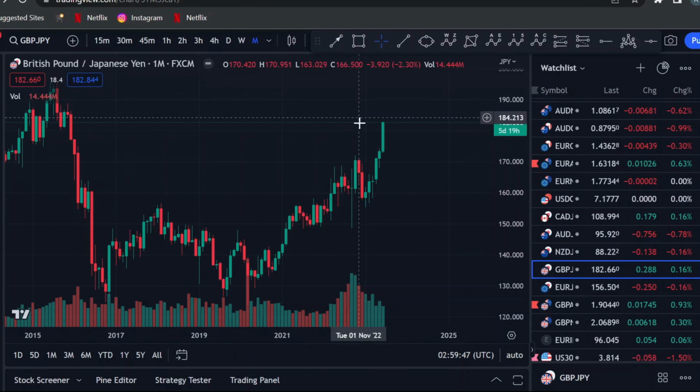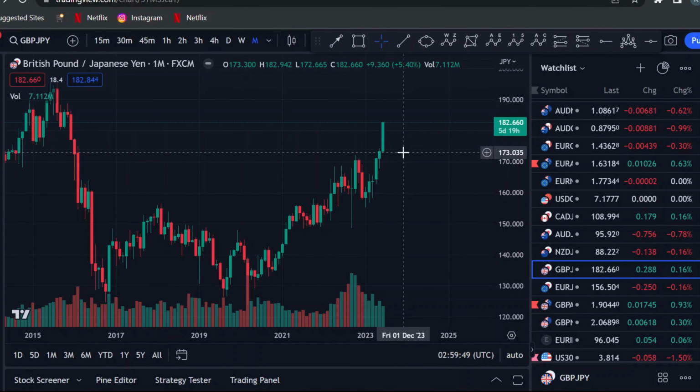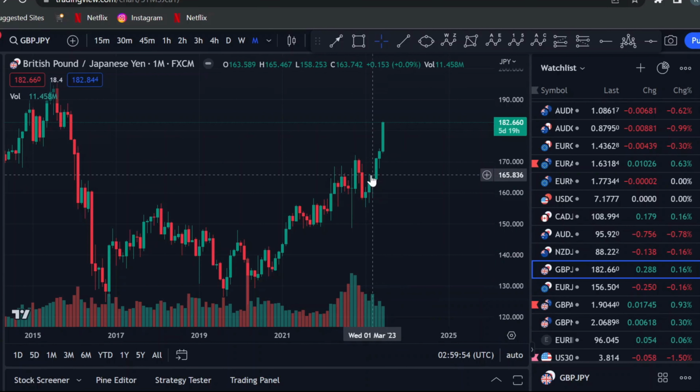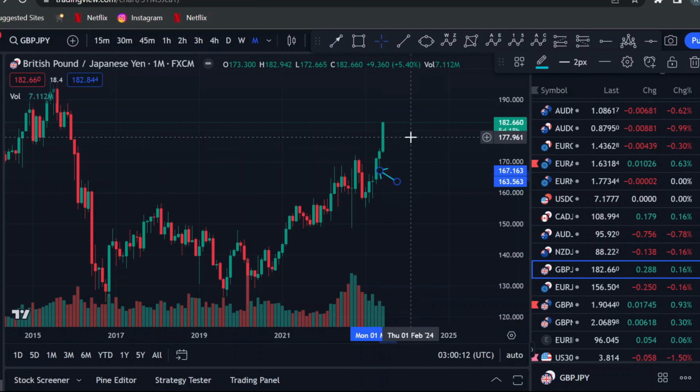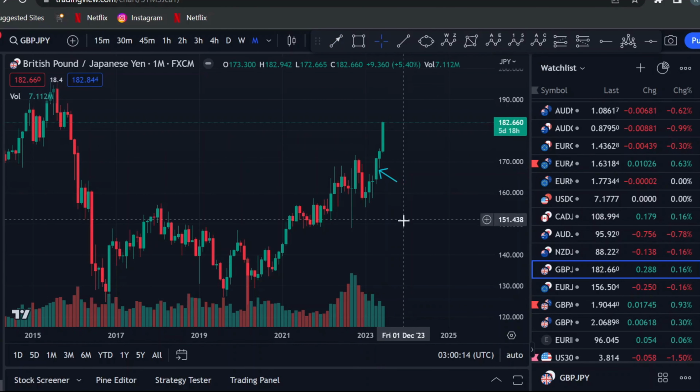And when the shift in sentiment happened in the commitment of traders, it was in April, this candle here. So here comes a shift in sentiment, and then the buyers come in very strongly. Not only this pair, also when you look at pound New Zealand dollar, it's breaking out. Pound Aussie, it's breaking out.